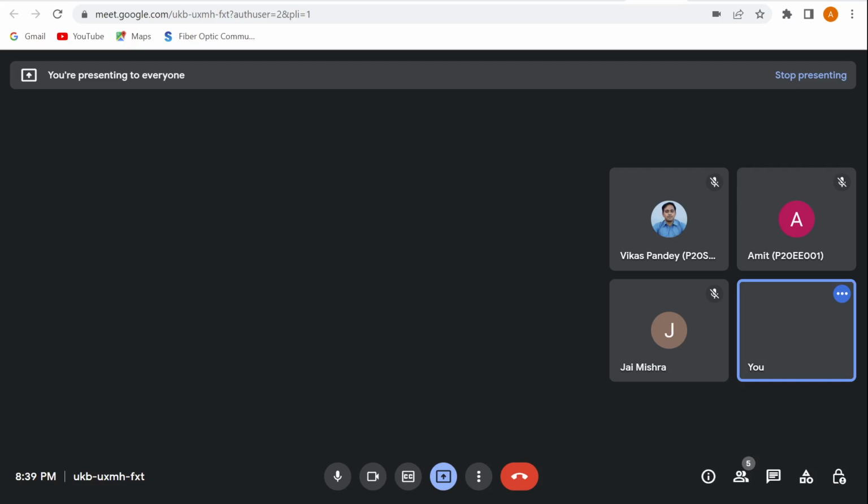So for total reflection, sin theta I is greater than or equal to sin theta c. We know that sin theta c is 1 by the refractive index.